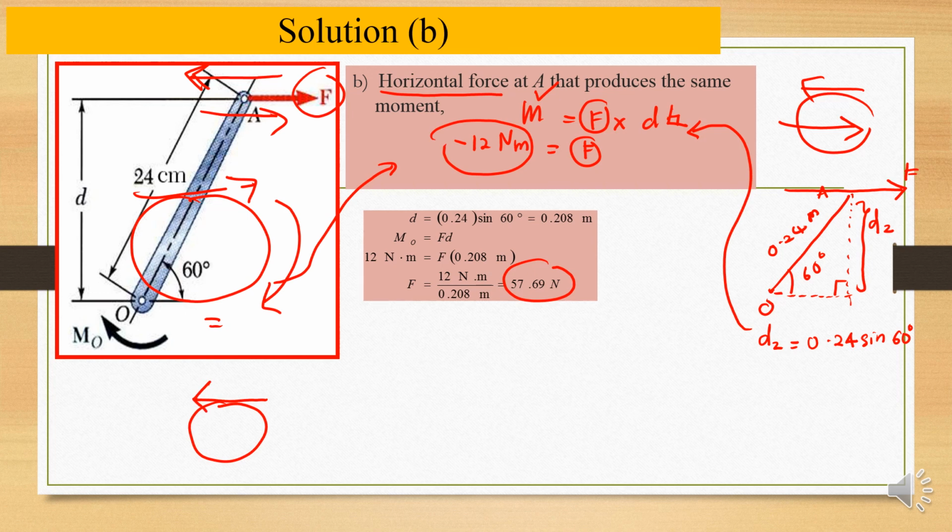What will happen to this wheel? If you push it, it will rotate anti-clockwise, and that will be a positive moment. So it's not the same as what we get from A. So you have to differentiate how we get the positive or negative moment. Okay, that's it for question B.